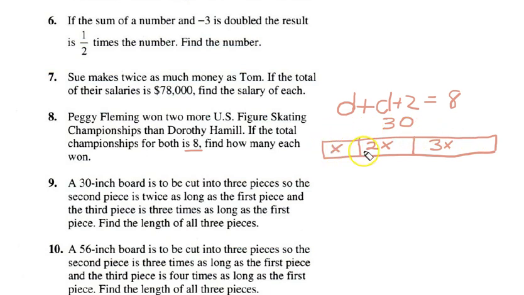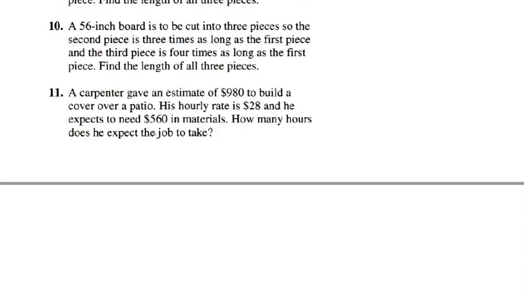And we say all of these added together equals our 30. So x plus 2x plus 3x equals 30. Okay, we'll raise it up a little bit now. Now, once you get a pattern, you can kind of follow that.